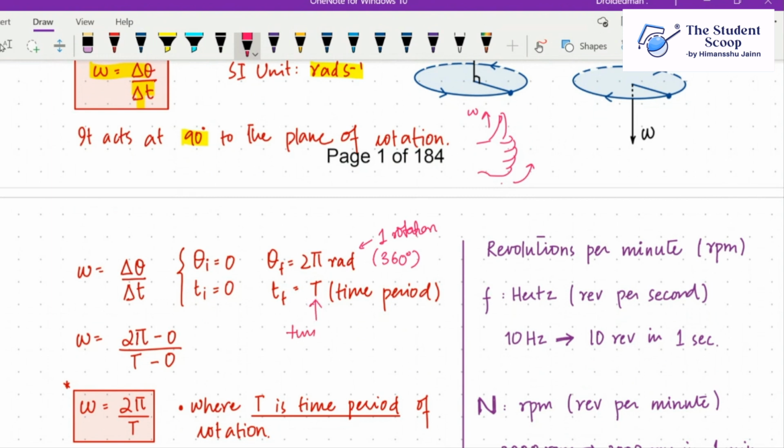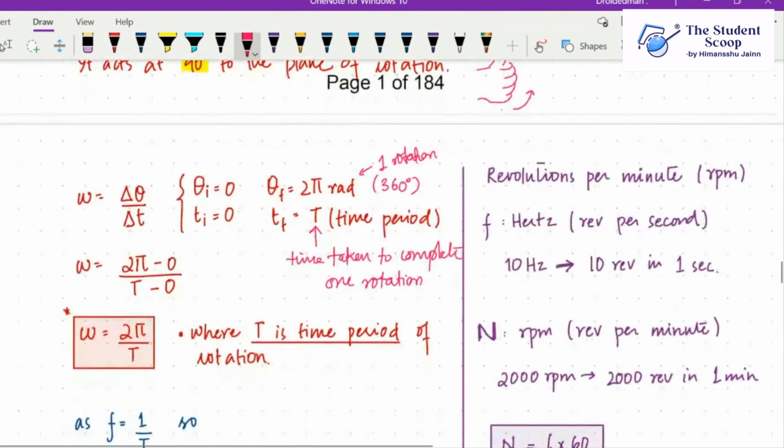So we can define this as the time taken to complete one rotation. Okay, so if we take those two values, then we will get our angular velocity to be equal to 2 pi by capital T, where capital T represents the time period of the rotation.